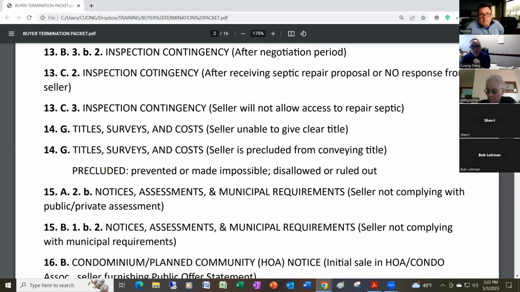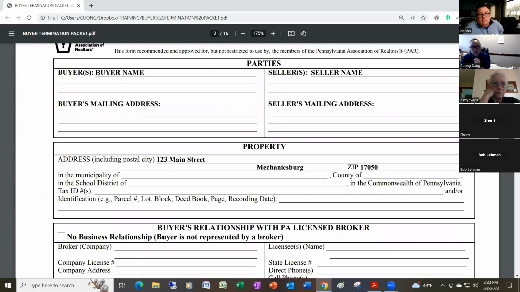14G states seller is unable to give clear title. Okay. And 14G is seller is precluded from conveying title. Precluded, the definition is prevented or made impossible, disallowed or ruled out. Okay. So the seller is not allowed to convey title. Let's go to that paragraph, 14.